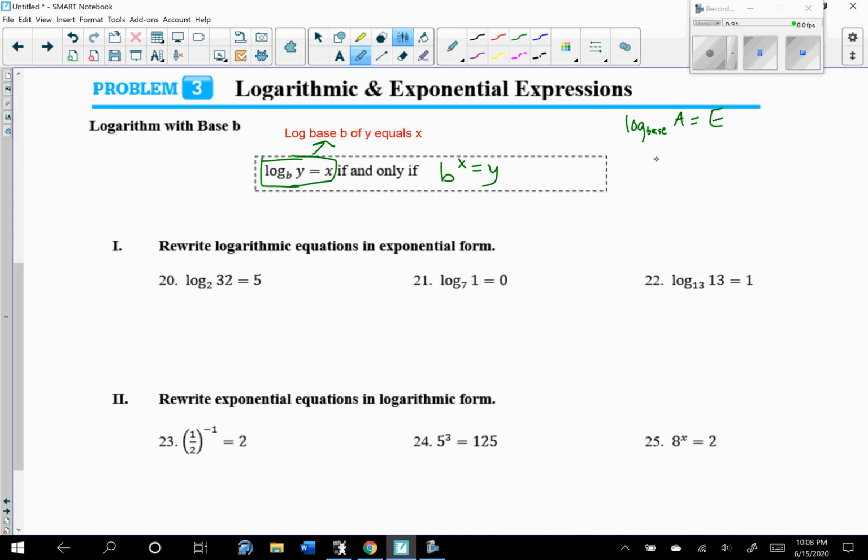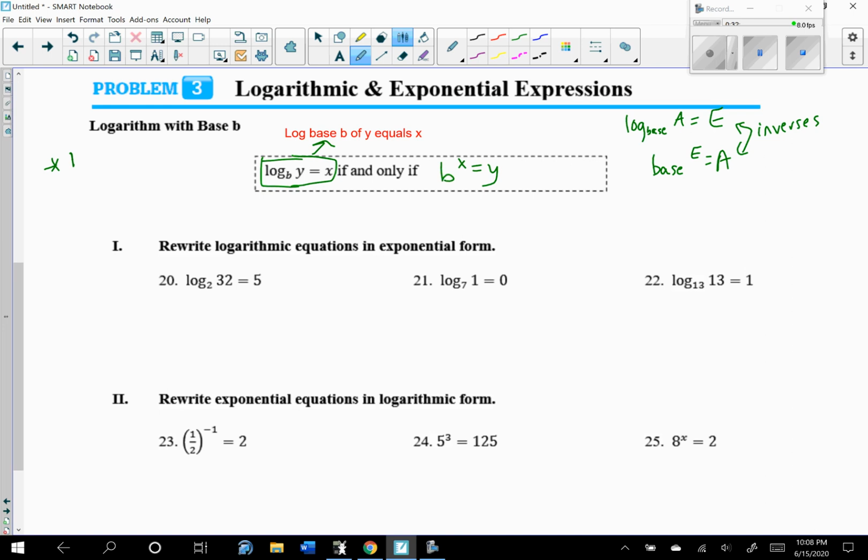And so in exponential form, this would be the base of e equals a. So these two are inverses of each other. So logarithm is an inverse of something that's exponential. And again, we're going to talk a little bit more about this soon.